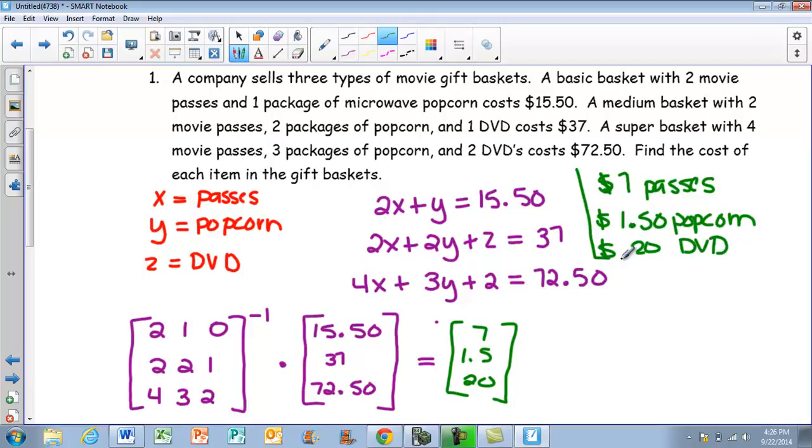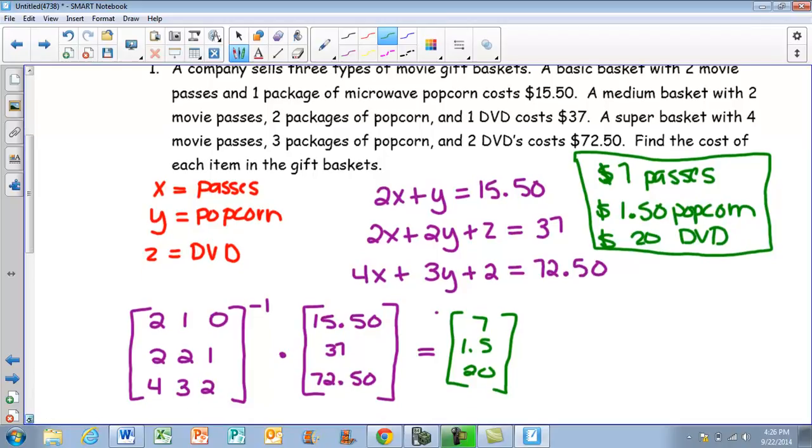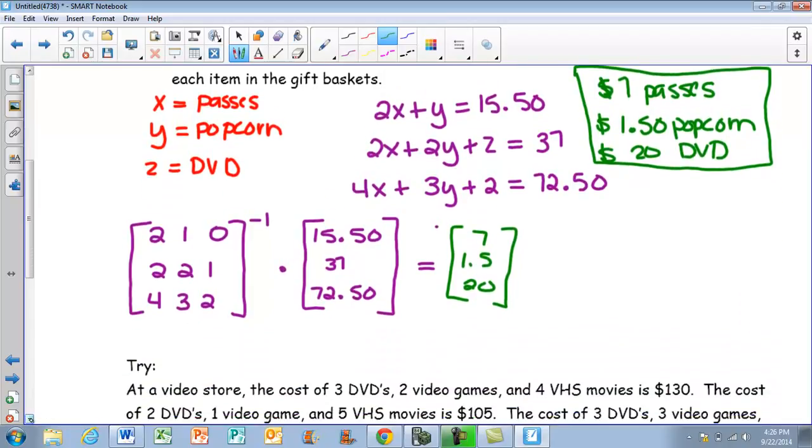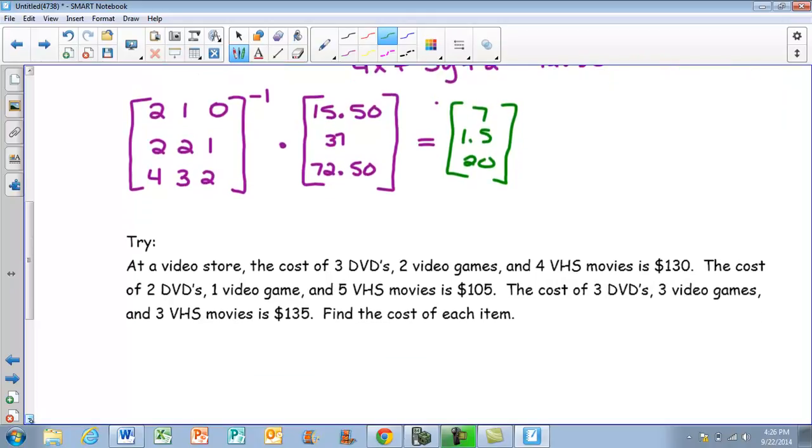So this is my answer here. So you're finding the cost of each. So that's what we did here. Again, if you plug these back in for X, Y, and Z in each one, we can check all of these answers. Again, go ahead and pause here, set up your system, and go ahead and solve using matrices.